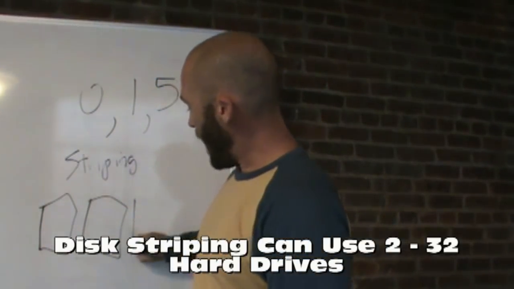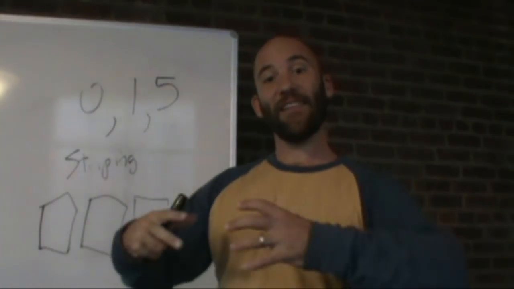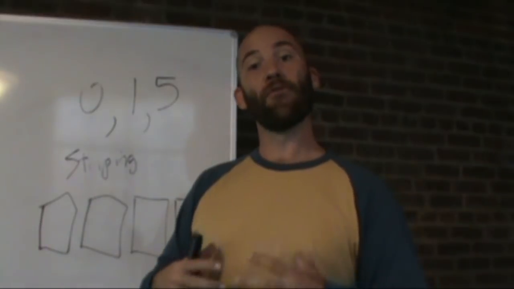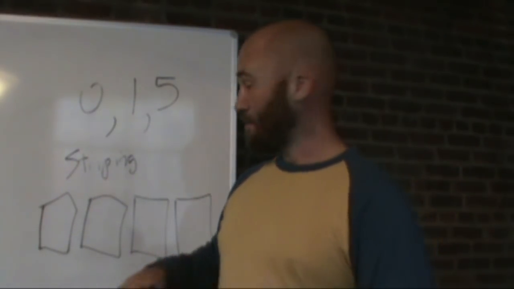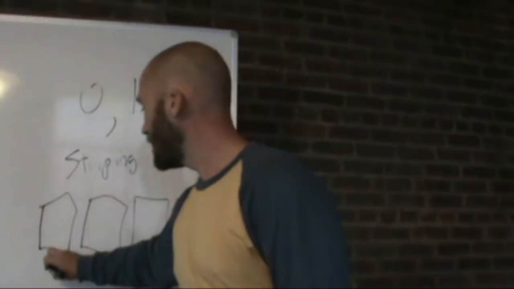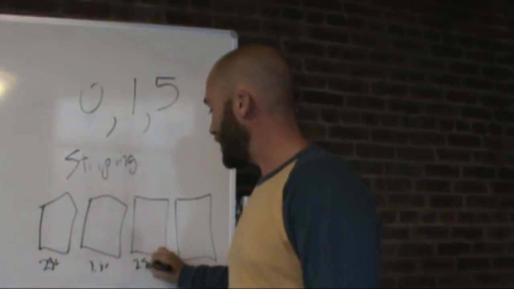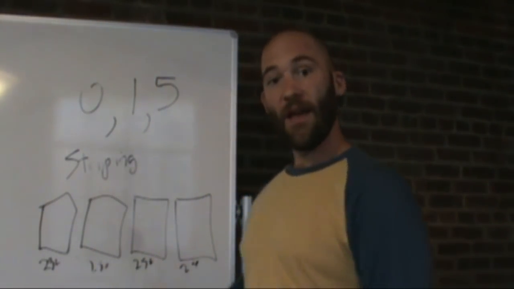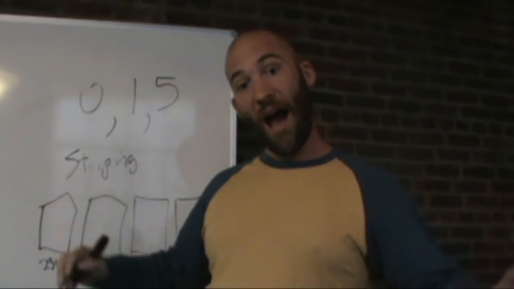So imagine that you have 4 individual hard drives and that they are connected into a RAID 0 array, a disk striping array. Now imagine these hard drives are all 250 gigabytes. So 250, 250, 250, and 250. In disk striping, that space is all additive.